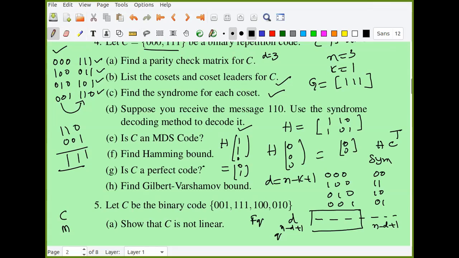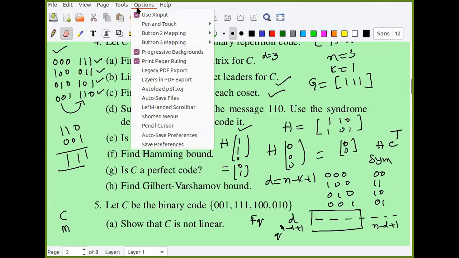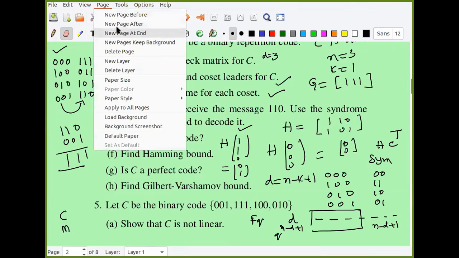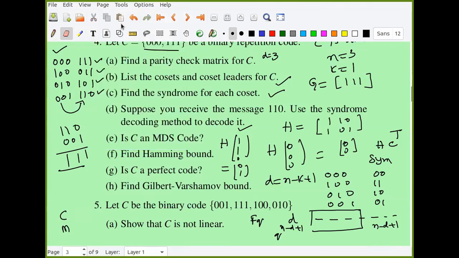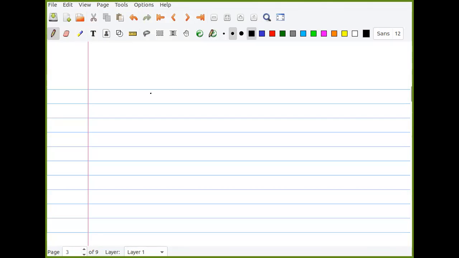This we have done in several ways, but I am giving one proof now. See, for example, my code is an (n, M, d) code. It need not even be linear.